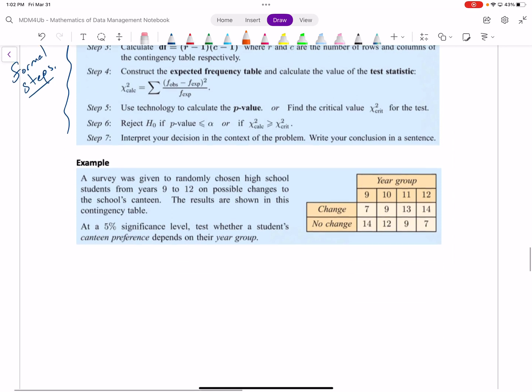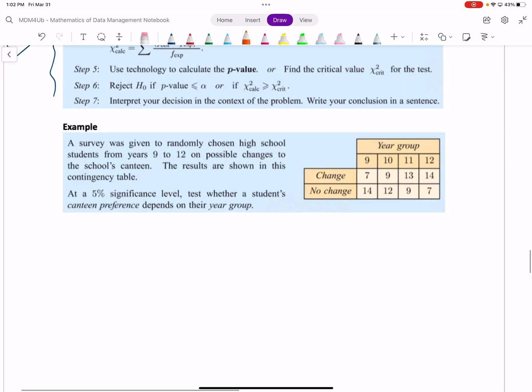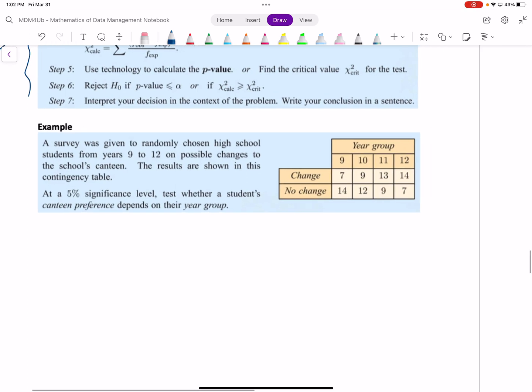So let's try this example down below. It says, let's say a survey was given to randomly chosen high school students from years 9 to 12. Years is really grade. On possible changes to the school's canteen, the results are shown in the contingency table on the right.